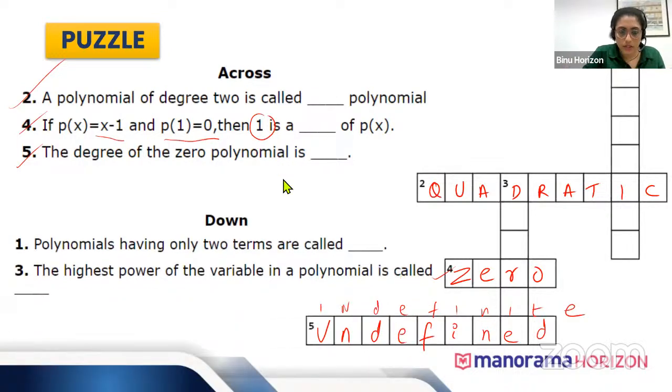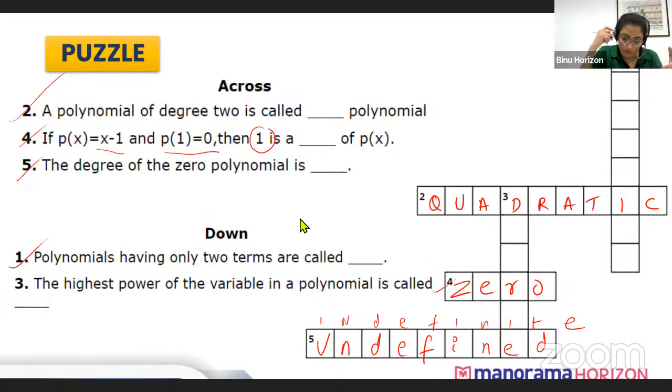Now across everything is filled. Now down. Polynomials having only two terms. Two-term polynomial. What is that called? Having only two terms. How is it monomial? Mono means one.